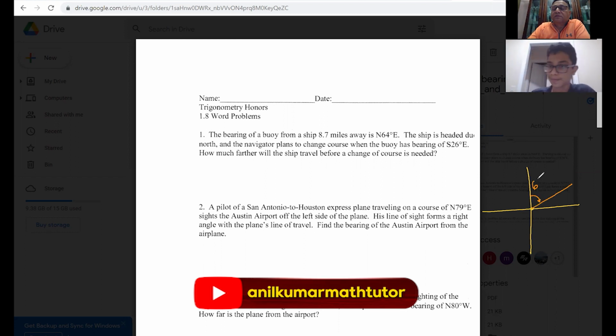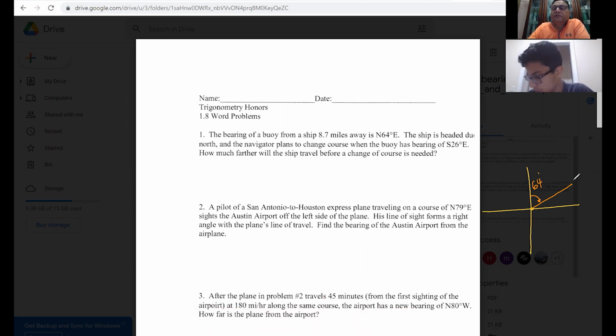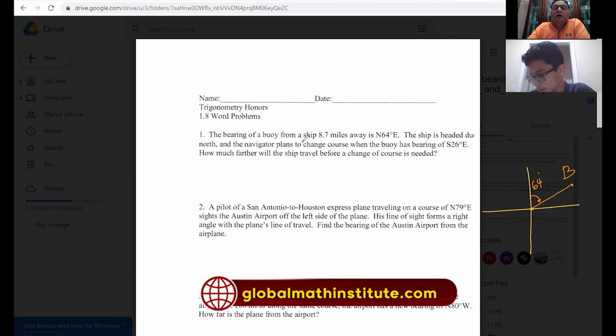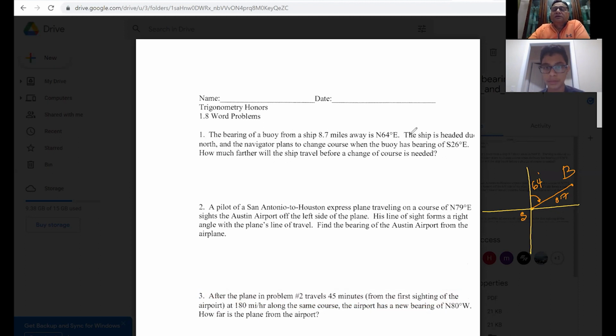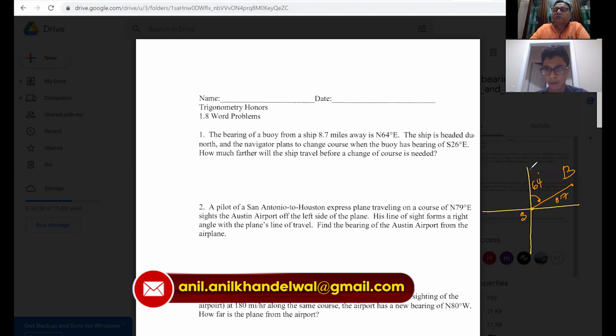So bearing of a buoy, we'll say this point is B, from a ship 8.7 miles away. This is 8.7, and this is the ship. The ship is headed due north. Ship is going north.